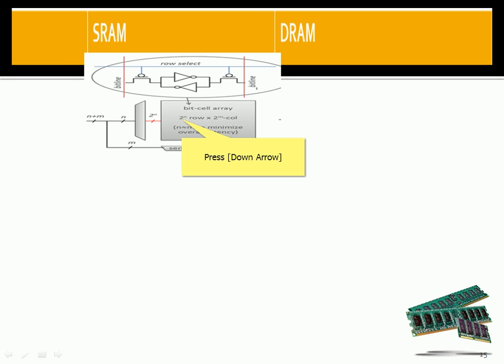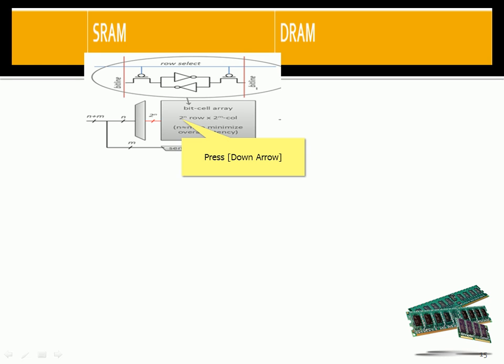Now to drive out information, supply some voltage to the bit line, then the cell will be activated either for read or write purposes. So that mechanism will be exercised. There are n plus m address lines released from the processor. Since the memory is in matrix fashion, the given address is split into row address and column address.